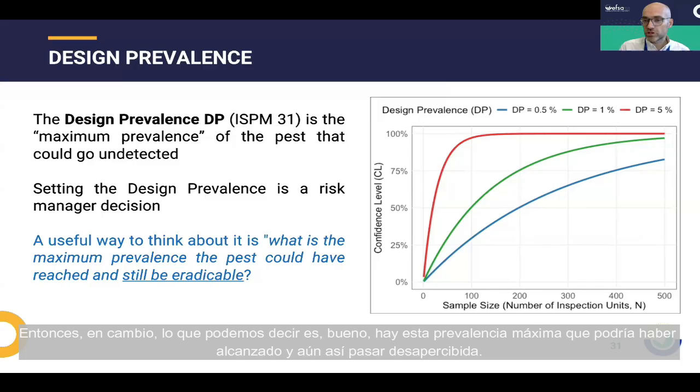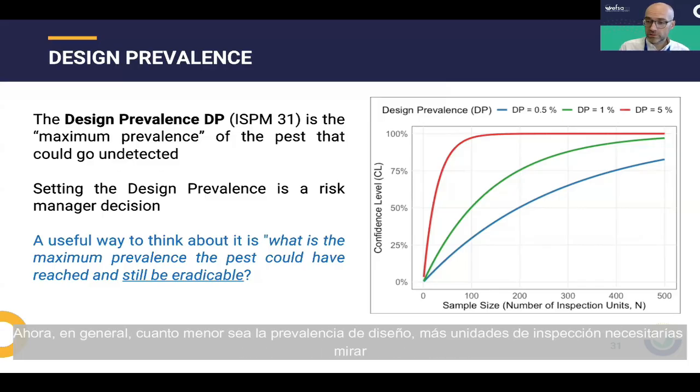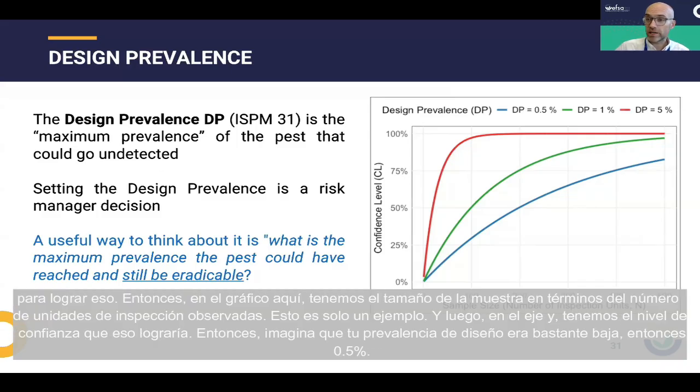Now, in general, the lower the design prevalence, the more inspection units you would need to look at to achieve that. So on the graph here, we have sample size in terms of the number of inspection units looked at. This is just an example. And then on the y-axis, we have the confidence level that would be achieved. So imagine that your design prevalence was quite low, so 0.5%.